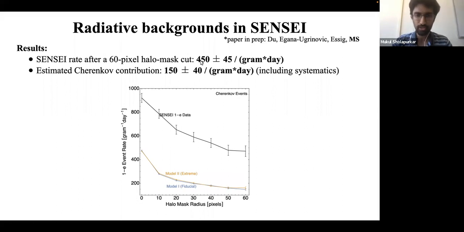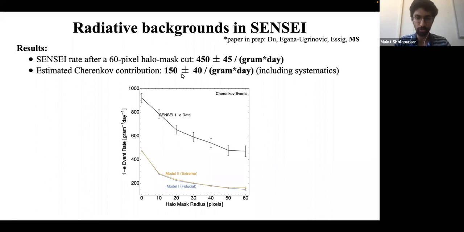So it of course does not completely explain this excess of 450 one-electron events per gram-day that SENSEI observed, but even after including the systematics, it's a significant fraction.